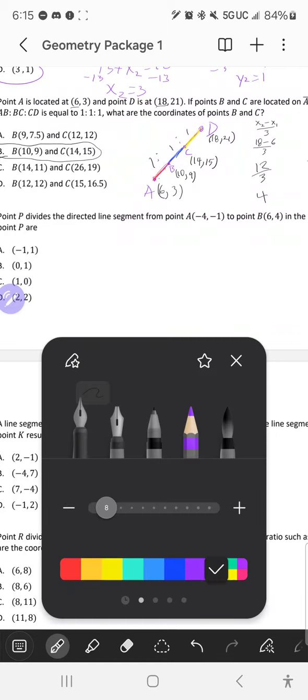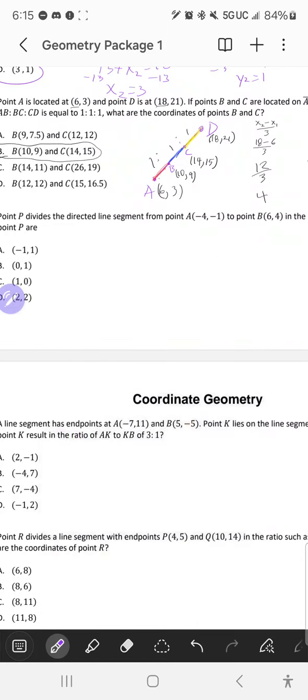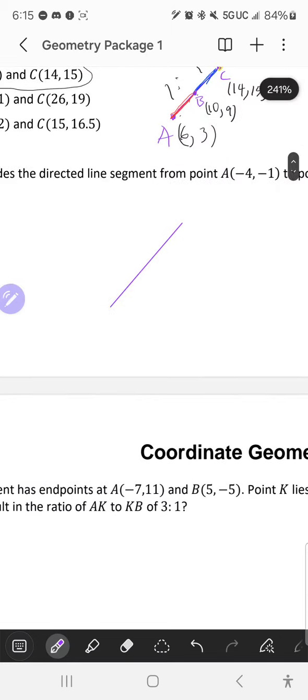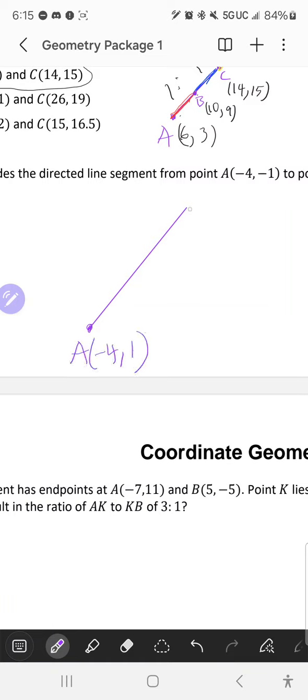Now, we have another line. This is going to be point A at negative 4, 1.